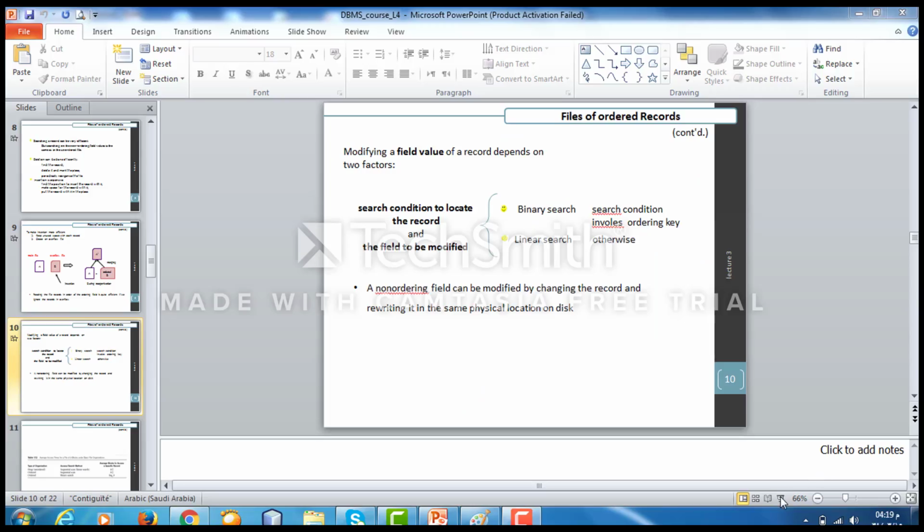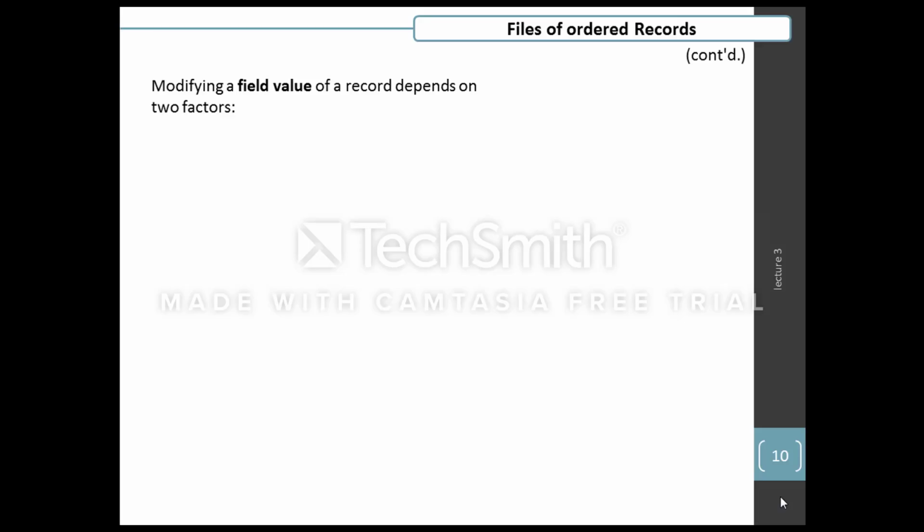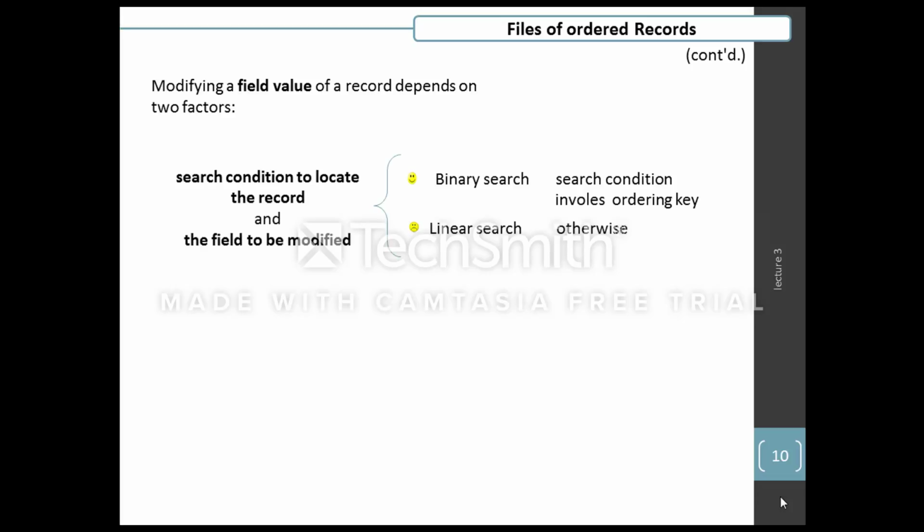Modifying a field value of a record in ordered records depends on two factors: the search condition to locate the record, and the field to be modified, either using binary search or linear search.